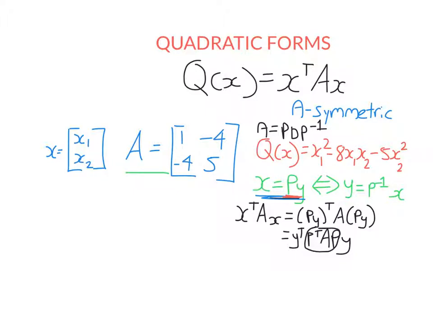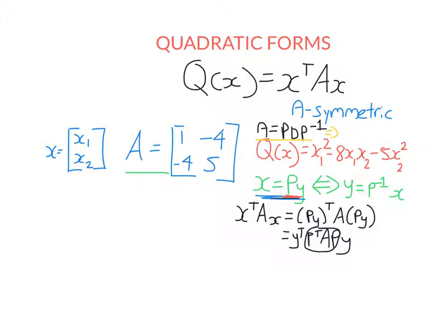But we don't want to just use any invertible P. We want to take advantage of this fact here. Because A is symmetric, it's orthogonally diagonalizable. Remember, for an orthogonal matrix, its transpose is its inverse.